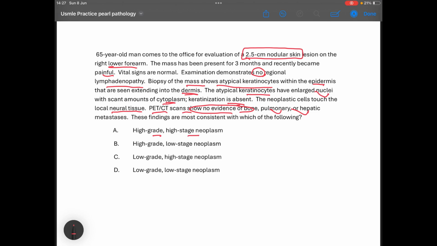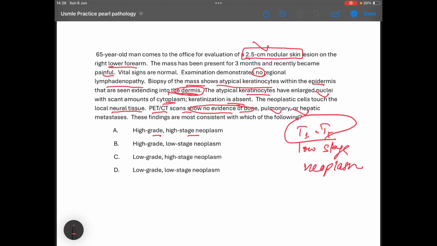First, we talk about the stage. Staging means how invasive the cancer is, how much it has invaded other parts. It is just a 2.5 centimeter nodular skin lesion extending into the dermis, so it is T1 or T2, a low stage neoplasm.